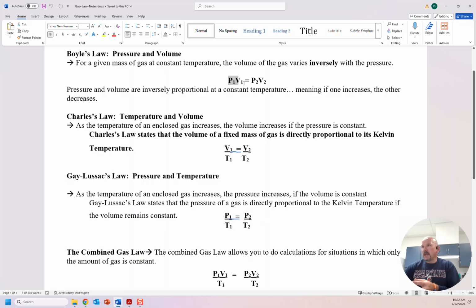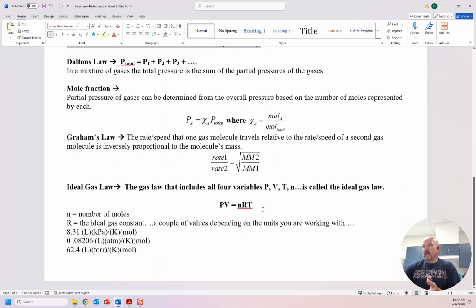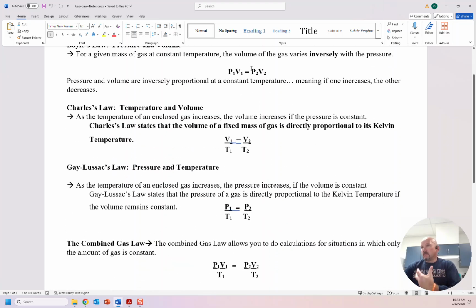Now, the other thing that's being held constant in all four of these gas laws, so Boyle's law, Charles' law, Gay-Lussac's law, the combined gas law, the one thing that's being held constant in all of these is the moles of gas, the N value, the number of gas particles measured in moles, right? So if we skip down to the ideal gas law, notice in this one we have N, and N means moles of gas. So in these, moles is being held constant in all of them.